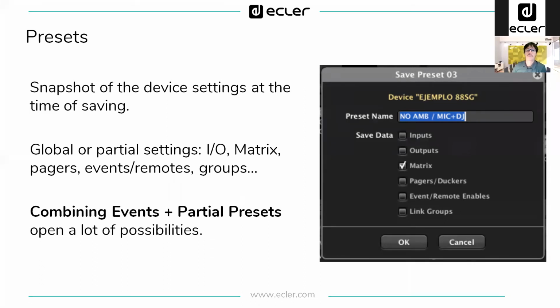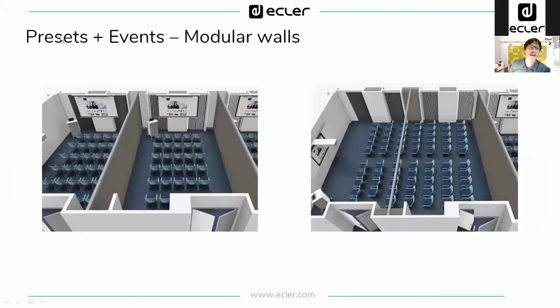Okay, let's see some examples. Let's think about this kind of room that we often have in hotels. You've got two independent rooms that are divided by a folding wall. Once the folding wall is open, these two rooms should act as one room.